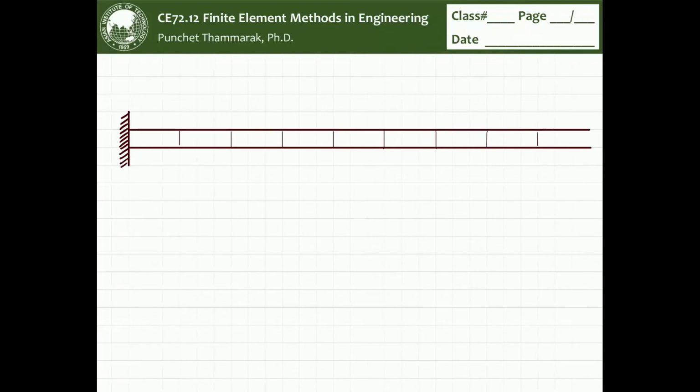So this problem here, I think, is gonna force you to code up.